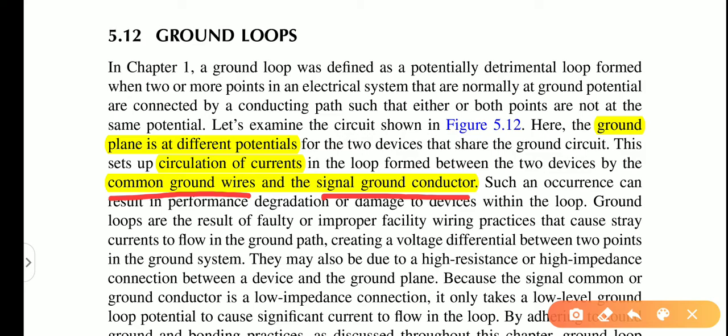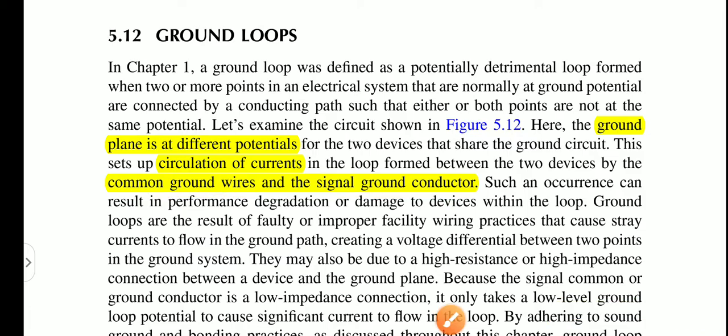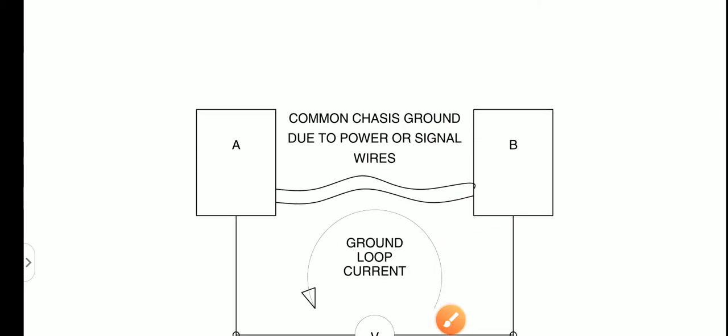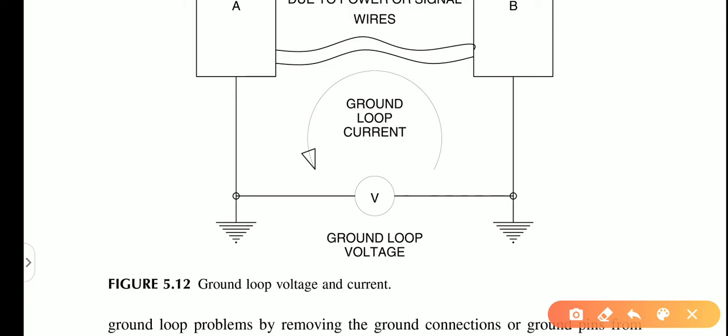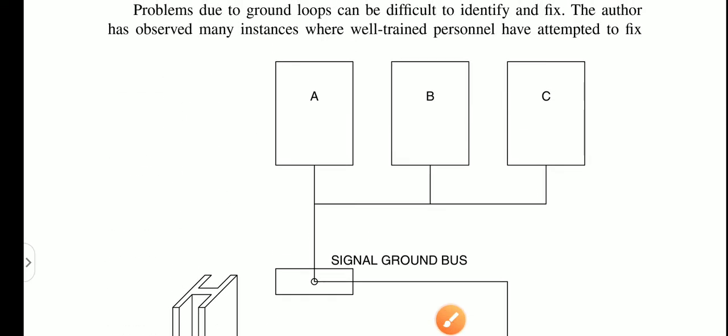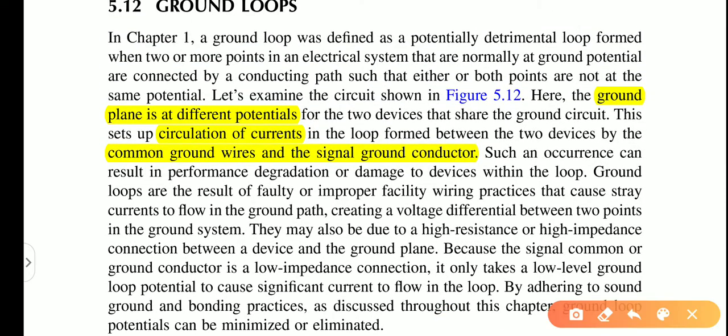Here, this is the signal ground conductor, and this is the common ground wires. Such an occurrence can result in performance degradation and damage to the devices. In the last lecture we have seen the noise, so that phenomenon might happen in this case.